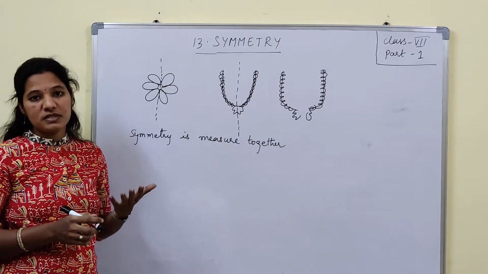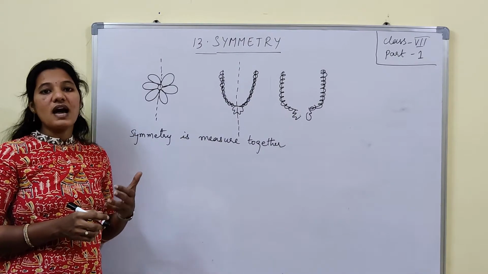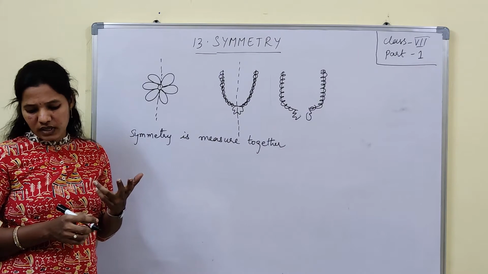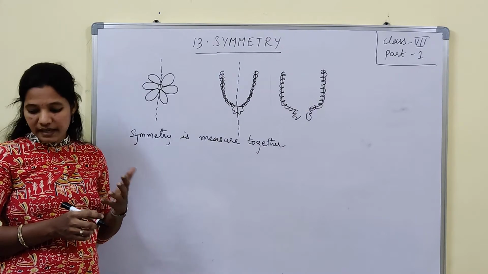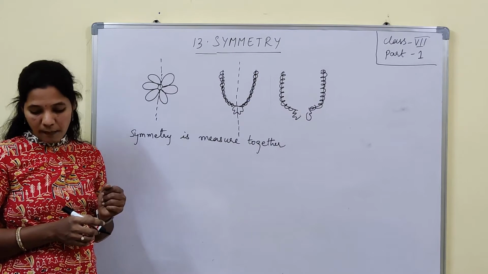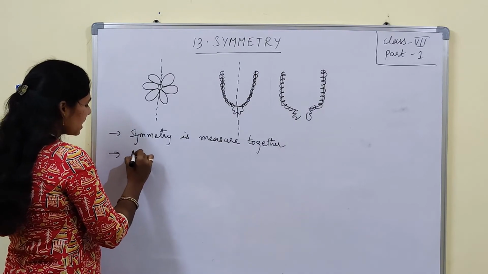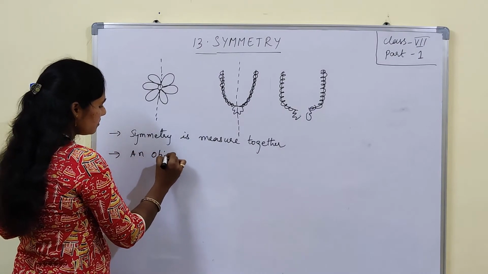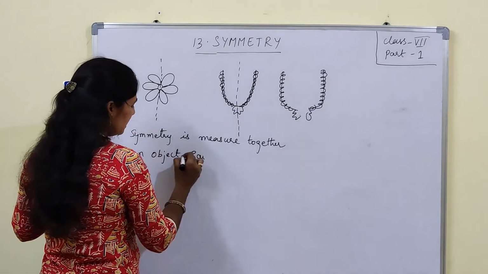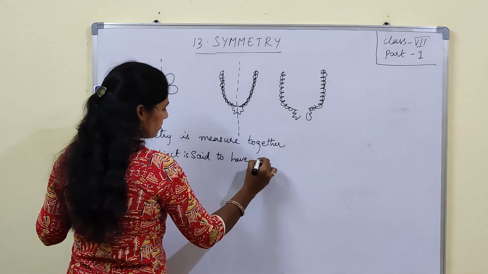Now going to the definition. Any object is said to have symmetry if it has two or more identical parts that coincide with each other when you turn it. Okay, so we are writing the definition of symmetry.